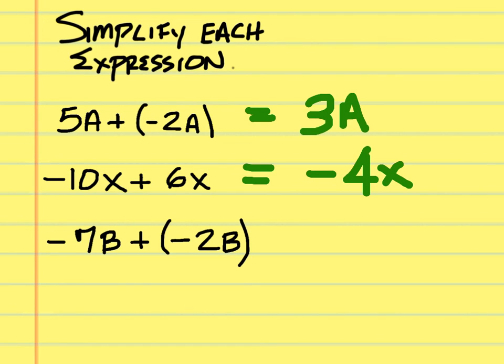And Wallace, what is negative 7b plus a negative 2b? Negative 9b, yes. That's 7 negatives and 2 negatives. If I add them together, I have 9 negatives, so negative 9b.